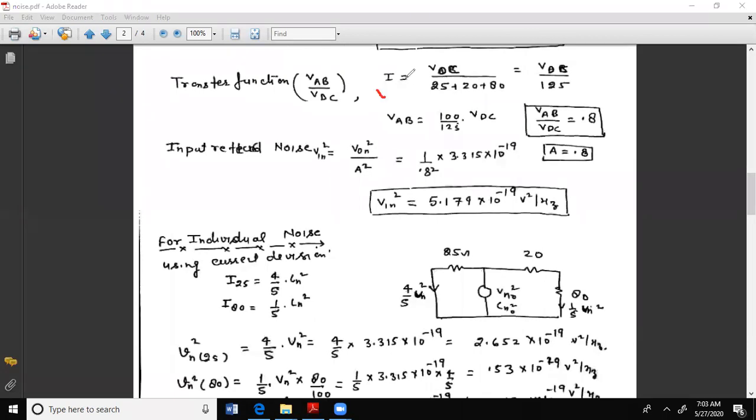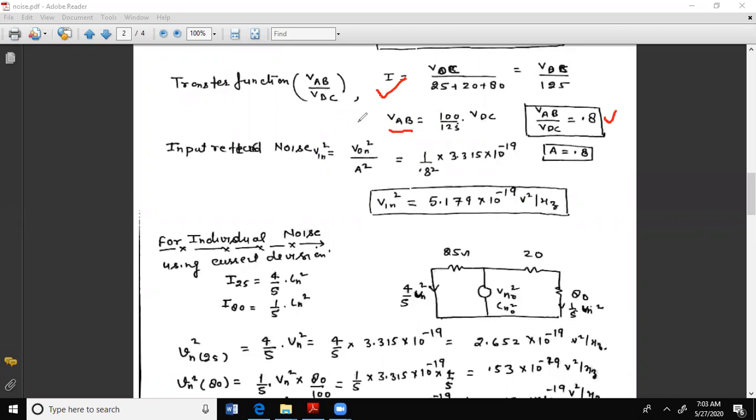This is the value of the output current, VDC by 125, and voltage VAB multiplied with the VDC, and this is equal to 0.8. So that is the transfer function, because both quantities are voltages. That may be the gain and it is also the transfer function, 0.8.